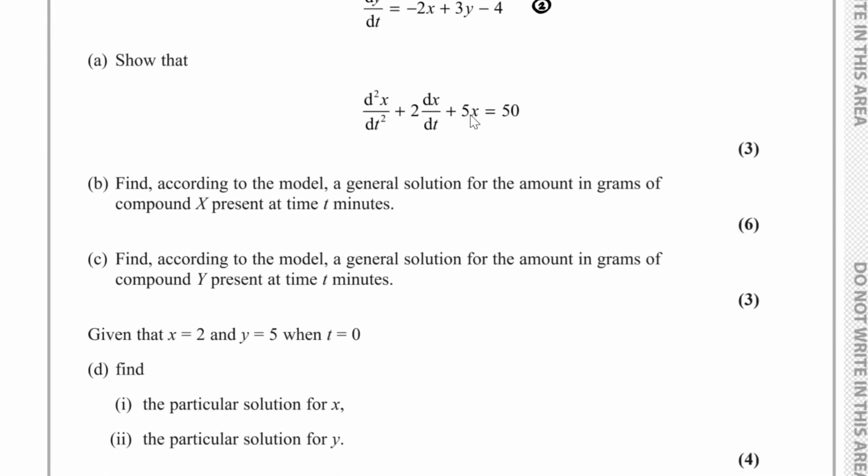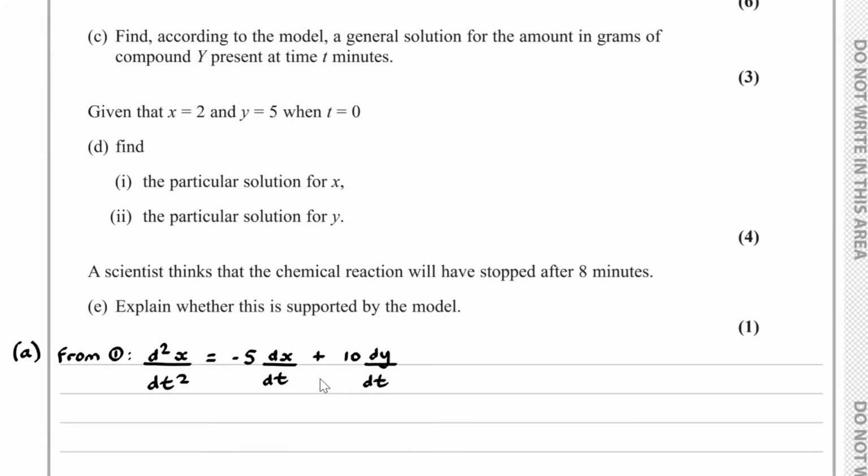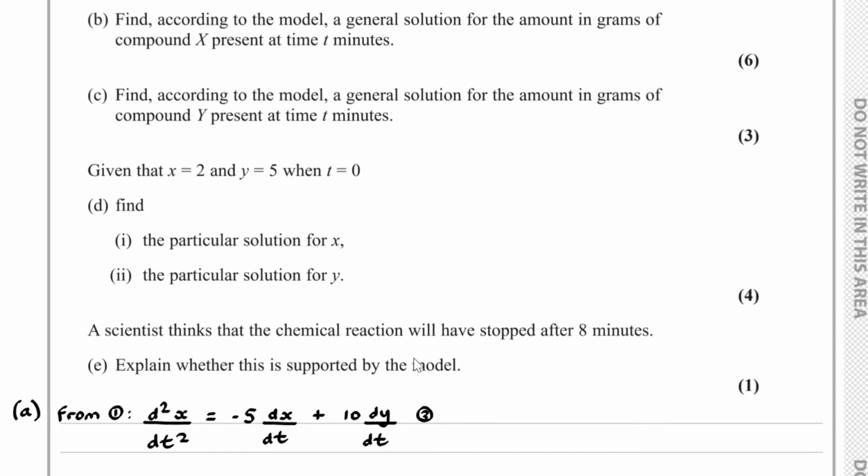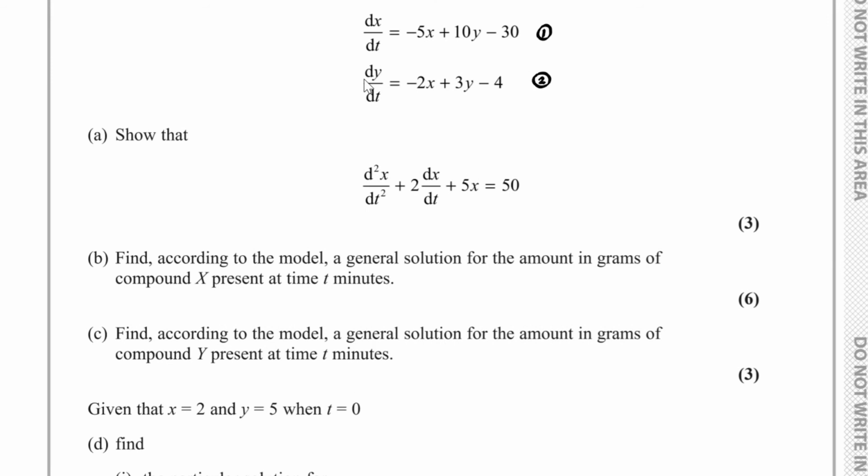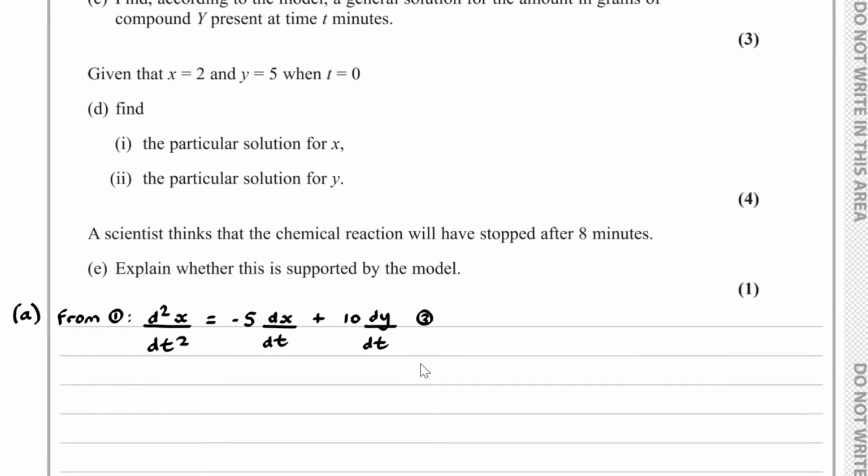But you'll notice in the show that we've got nothing containing a y, but over here we've got a dy over dt which we need to get rid of. So if I call this equation 3, we already know what dy over dt is. That's minus 2x plus 3y minus 4. So we can substitute in equation 2 into equation 3.